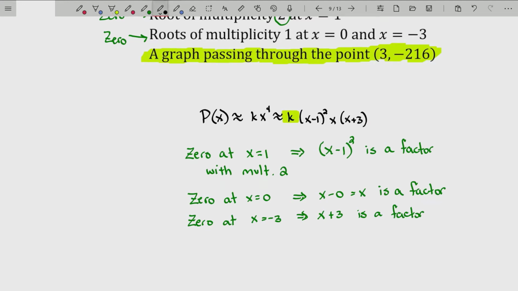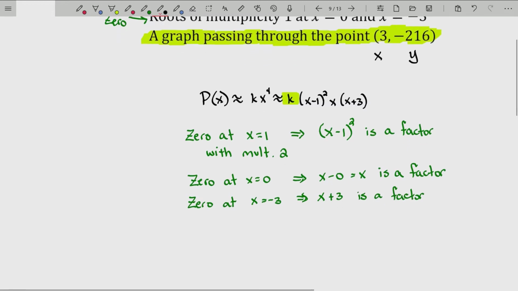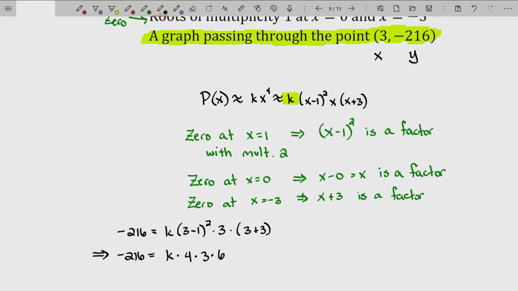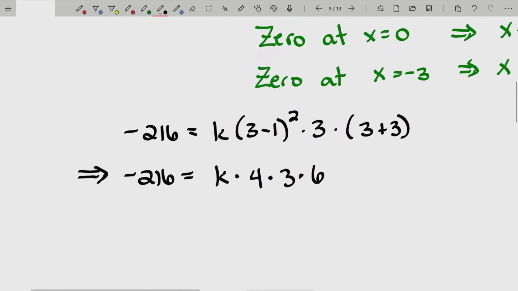So if they tell us that the y value, or the output, is negative 216 when the input, or x, is 3, I can go to my polynomial and I can say, well, the output is negative 216 when my input is 3. And then you would go ahead and solve that out.